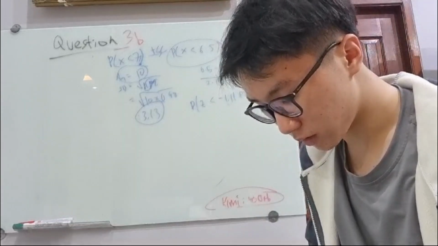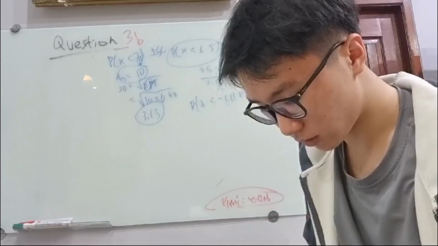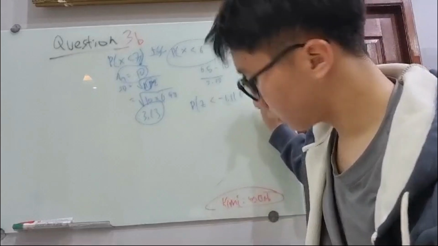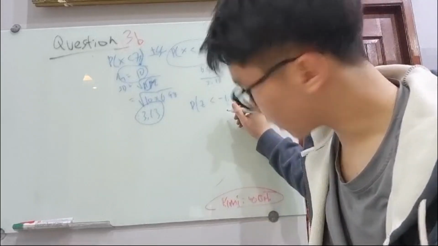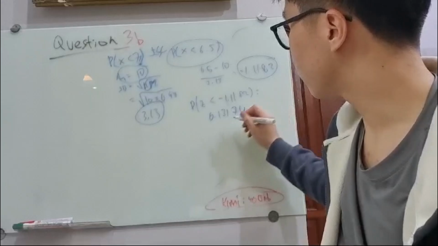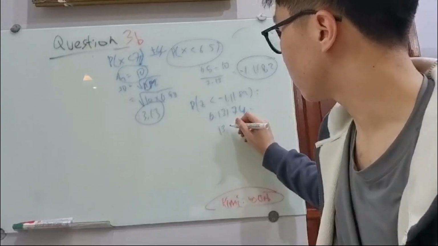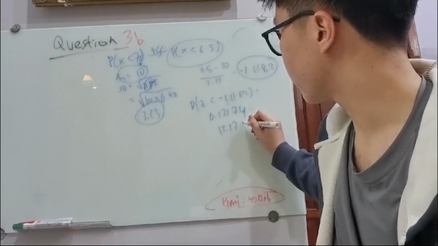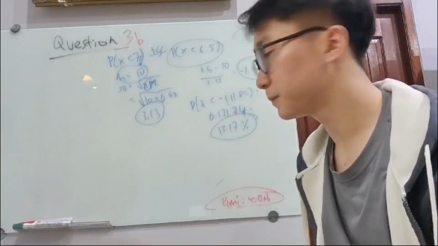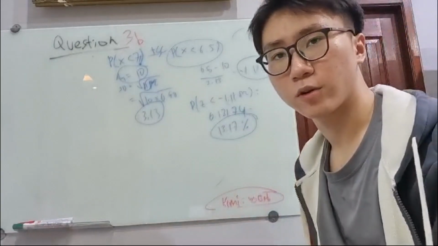So if we input that in our calculator, we will get a probability of 0.13174. And this makes it around 13.17% of defective light bulbs below 7. This is our answer for 3b.